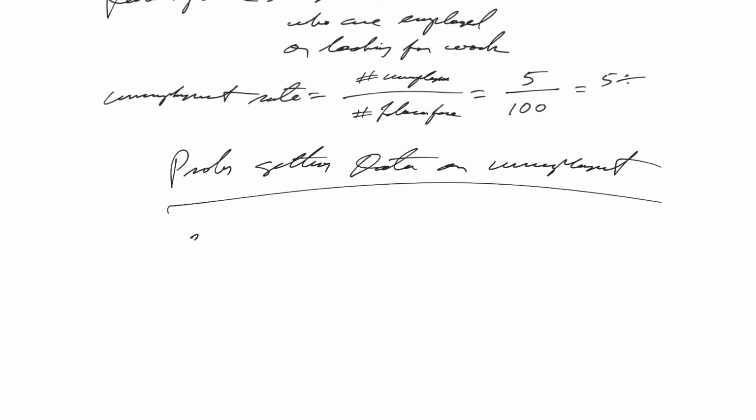One is the discouraged worker. Discouraged workers are people who really do want a job, but they've been looking for a long time. So you call up, and so you've got, let's say, 5 out of 100. The unemployment rate is 5%.